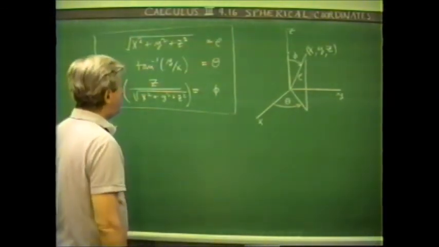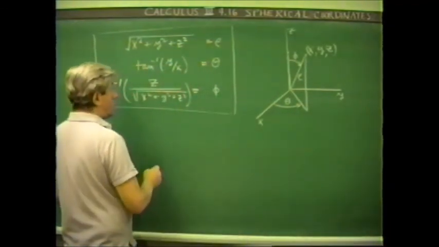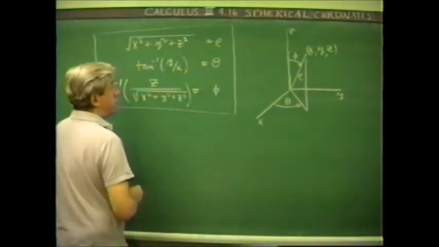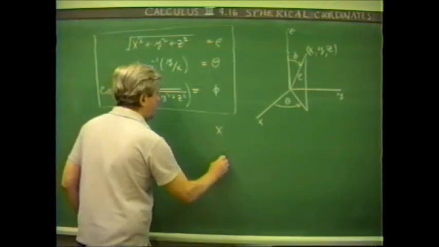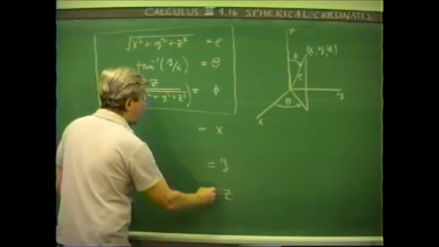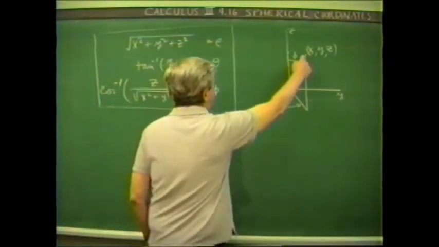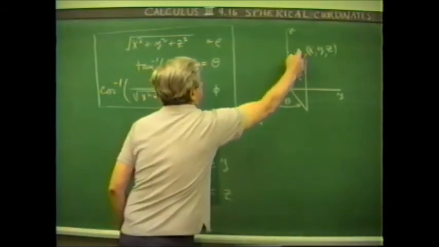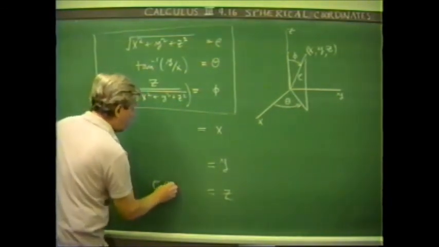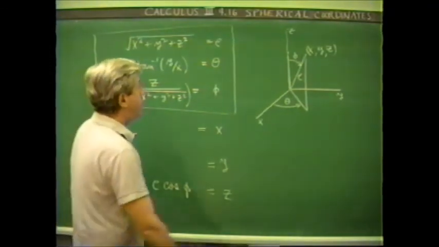Let's suppose we've got rho, theta, and phi. We want to find x, y, and z, given rho, theta, and phi. And z, perhaps simplest here, is equal to rho cosine phi. That'll give us the z value here.